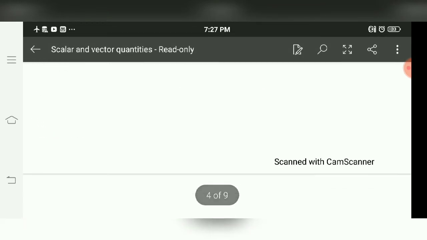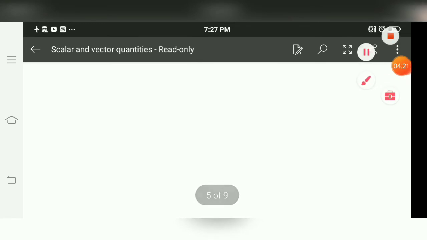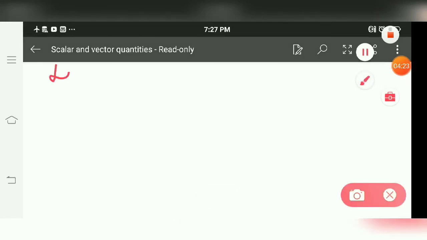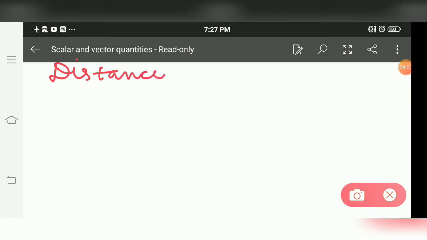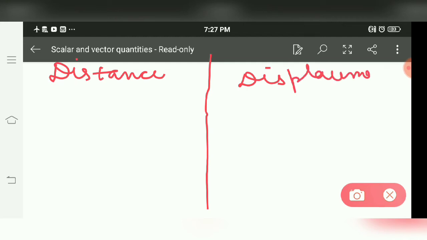So in short, if we want to do the comparison of distance and displacement, what can we discuss here? First of all, distance is a scalar quantity. Displacement is a vector quantity.